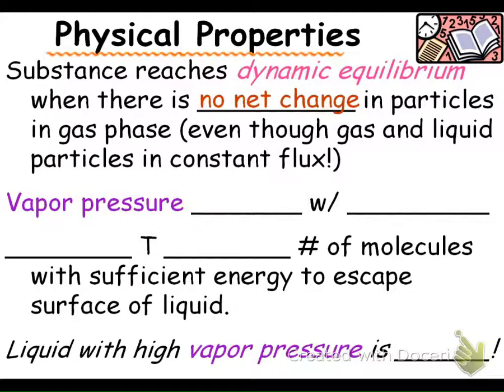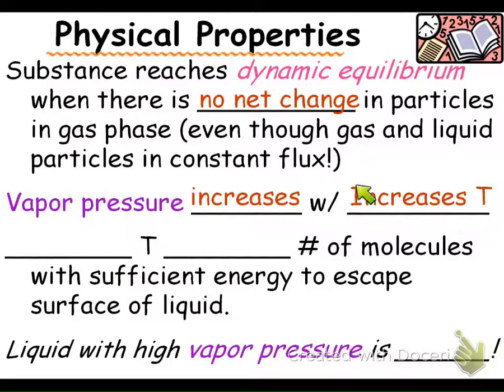So the vapor pressure, which is the molecules that are in the gas phase, so if I've got water in a manometer, for example, I would have a certain amount of those water molecules in the gas phase. And the vapor pressure is just the pressure that those gas water molecules are putting on that container. When I increase the temperature, I would increase the number of molecules being able to reach the vapor phase.